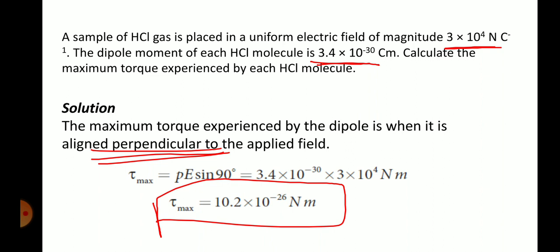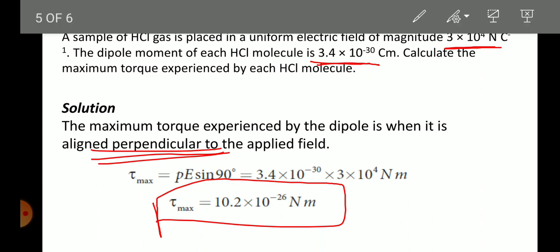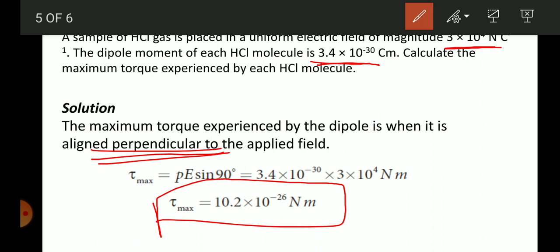If it comes in 1 mark, it is simple multiplication, the values will be simple numbers. There can also be a twist in this question. Instead of maximum torque, they can ask: when the HCl molecule is aligned parallel to the uniform electric field, what is the torque experienced by each HCl molecule?